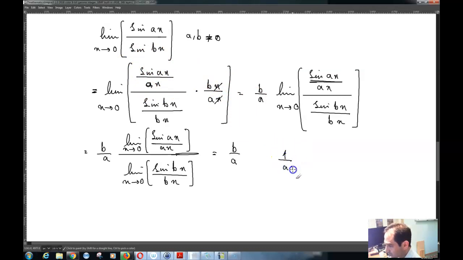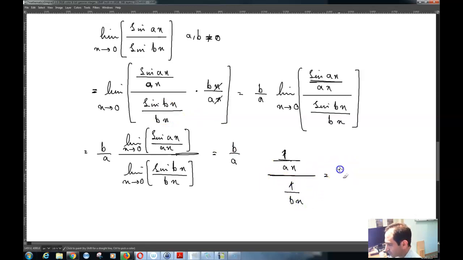So 1 over a to x divided by basically 1 over b to x.